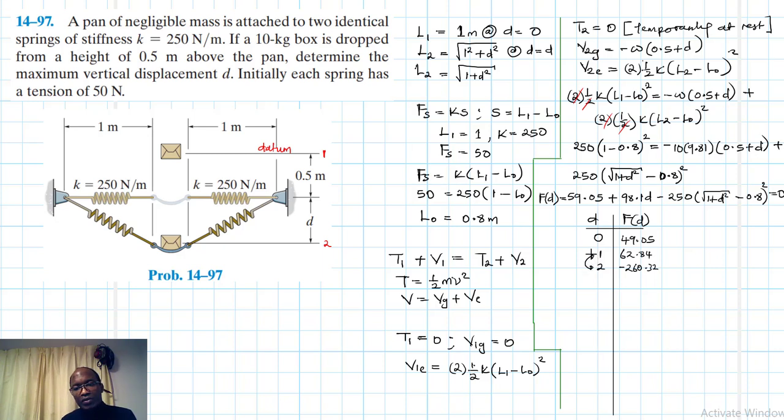So I'll get the average of the 2. The average of the 2 is 1.5. So I'll feed in a 1.5 there. So I have a minus 45.19.